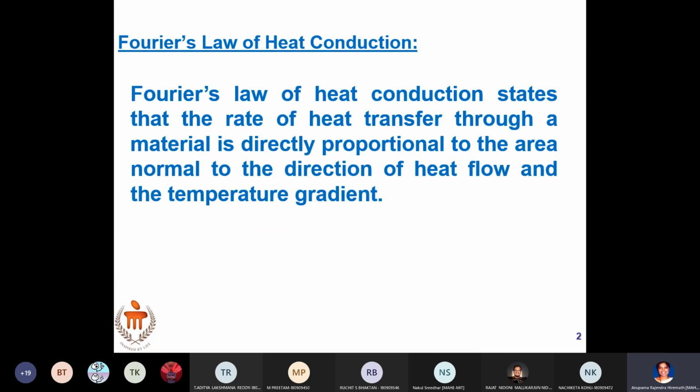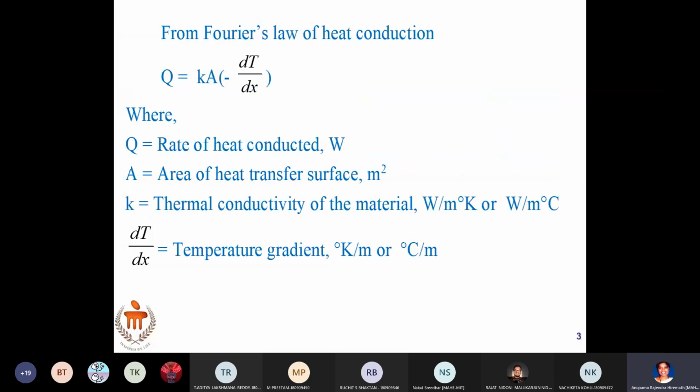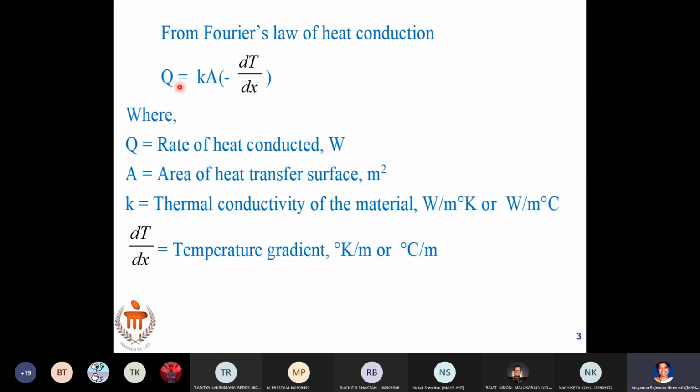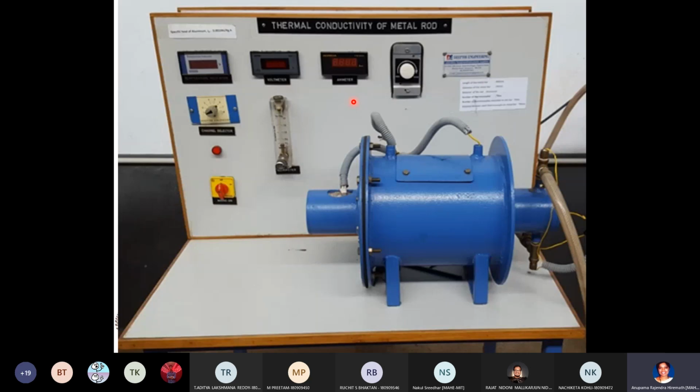Again, we are going to use Fourier's law of heat conduction. So this is the equation that we have from Fourier's law of heat conduction.